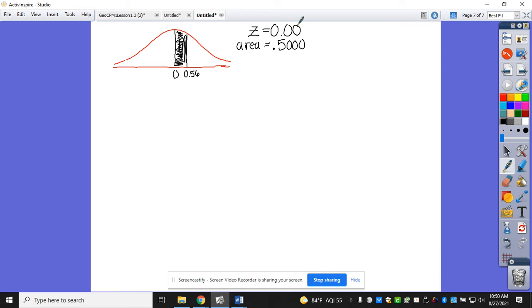And if you do that, it will keep you from making a lot of mistakes. Alright, so then my other z is 0.56, which according to my chart has an area of what? 0.7123.